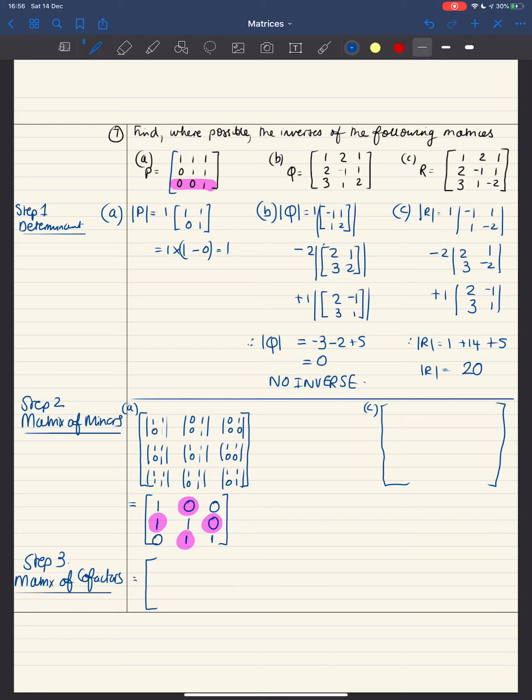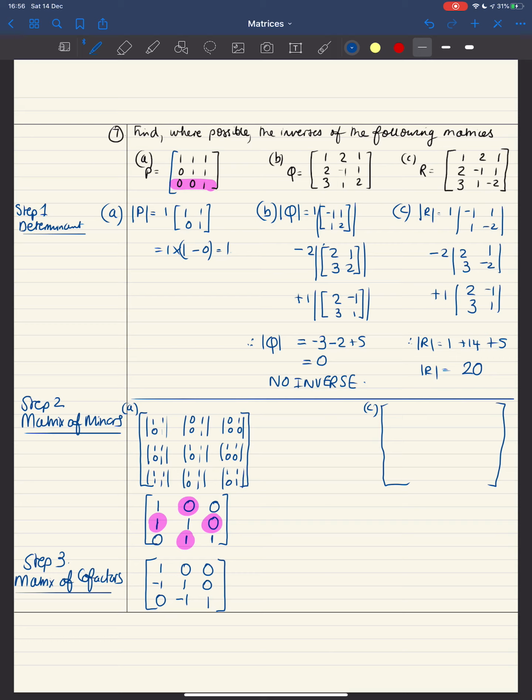It's not really equals actually, because they're not equal to each other, it's just what they are. So this is going to be 1 minus 1, 0. Can't change the sign of nothing. 1, that changes the sign there. 0, can't change the sign of 0, and that one stays the same. So all the pink blobs have changed sign.